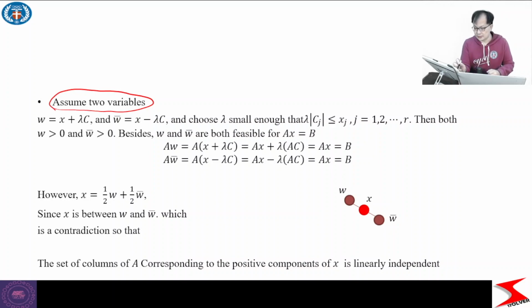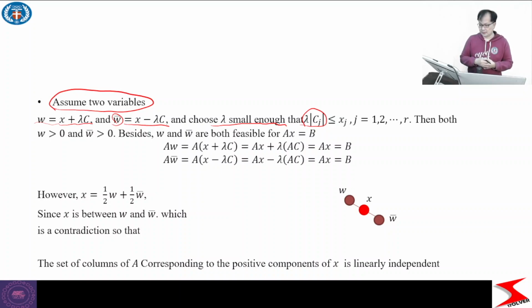So we assume that W is equal to X plus lambda times C, and W bar is equal to X minus lambda times C. The condition is that lambda is small enough so that lambda times C is less than Xj, for j from 1 to r.